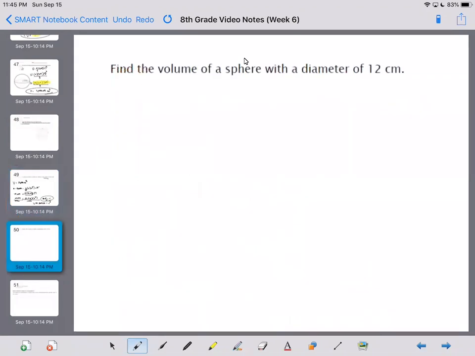Here we know that the sphere has a diameter of 12. Find the volume if the sphere has a diameter of 12. Okay, so I've got 4/3 times pi times the radius cubed. Well, if the diameter is 12, then the radius is 6 because we got to take half of that.